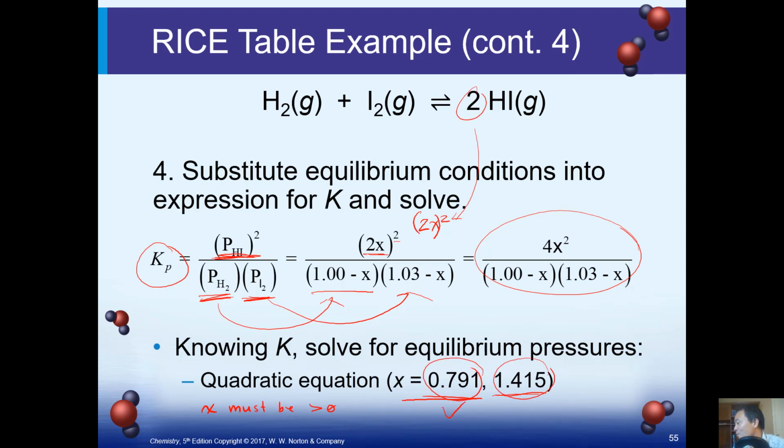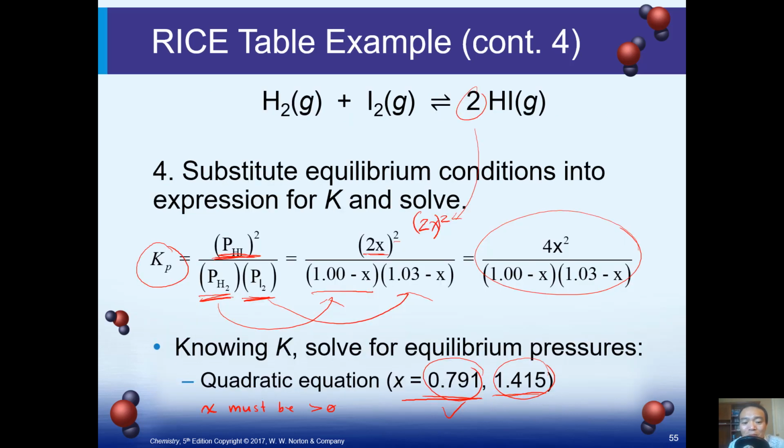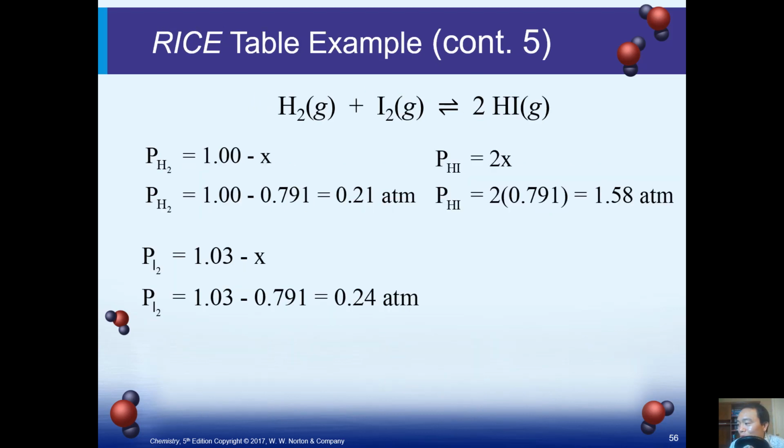The other one, 1.415, is greater than your initial, folks. You cannot consume more than you have to begin with. So x equals 0.791. But that's not the final answer, because we are asking you to find the final partial pressures for these reactants and products.